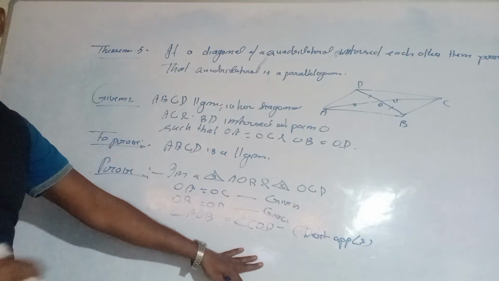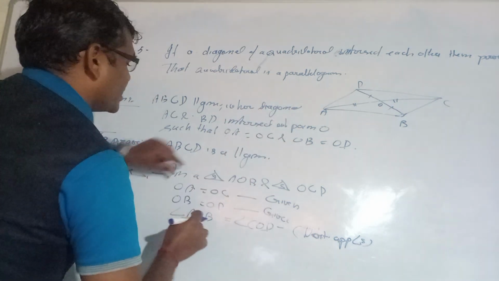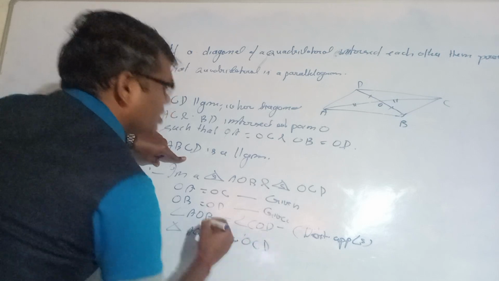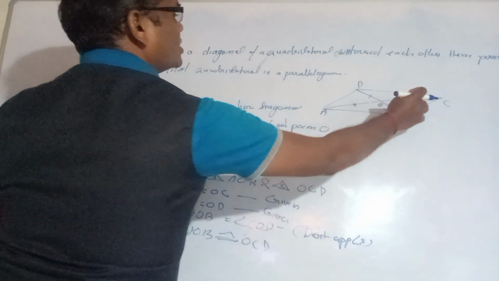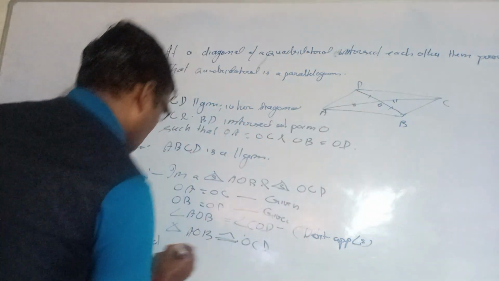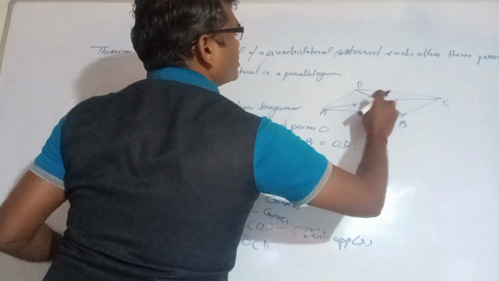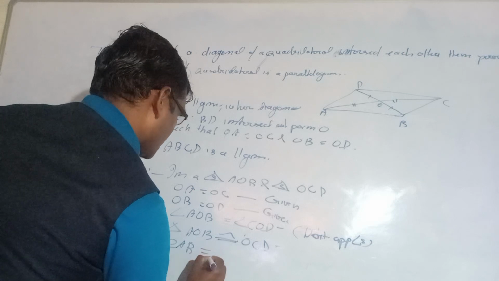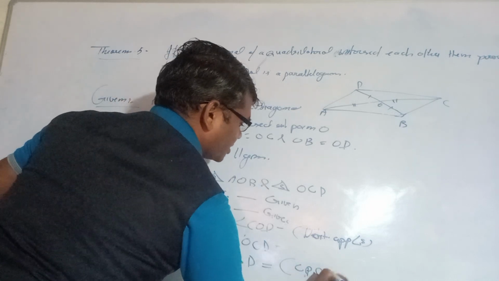That is why we can say that triangle AOB is congruent to triangle OCD. And the angles: angle OAB is equal to angle OCD. Why? By CPCT criteria.